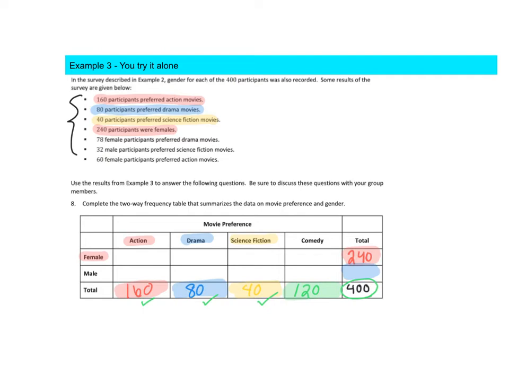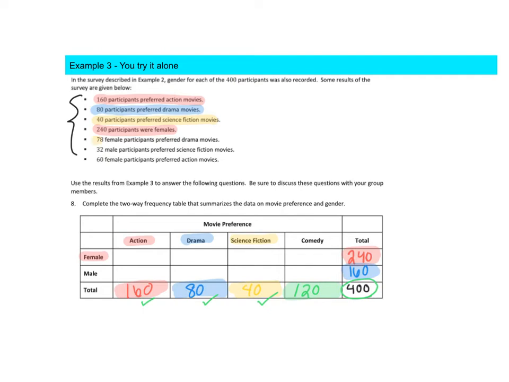Yeah, if there's 240 females and there's some number of males and together those numbers equal 400, we can work backwards and find out what we're missing. So 400 minus 240, find the difference. We get a total of 160 male participants. Okay, again, I just subtracted 400 minus 240 and got that number, right?